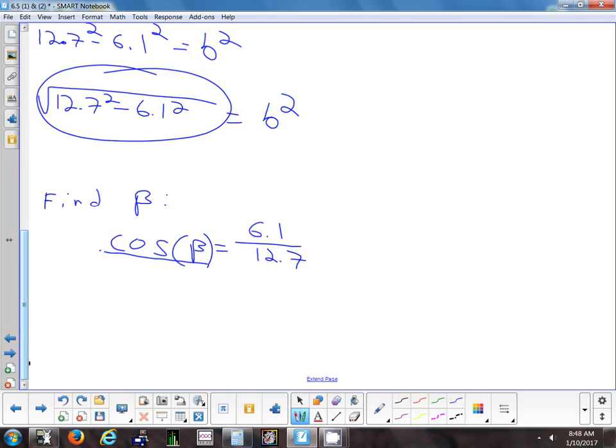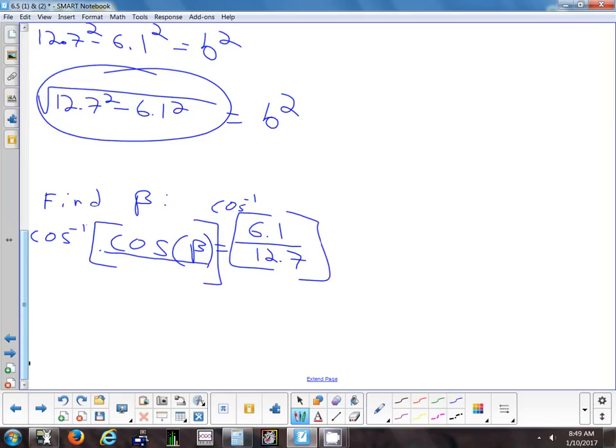Yep. Take the inverse cosine of both sides. You can plug everything you see here into the inverse cosine function. That's not multiplication. It's just taking the inverse cosine of what's on the left, and I'm going to plug all of that into the inverse cosine as well.